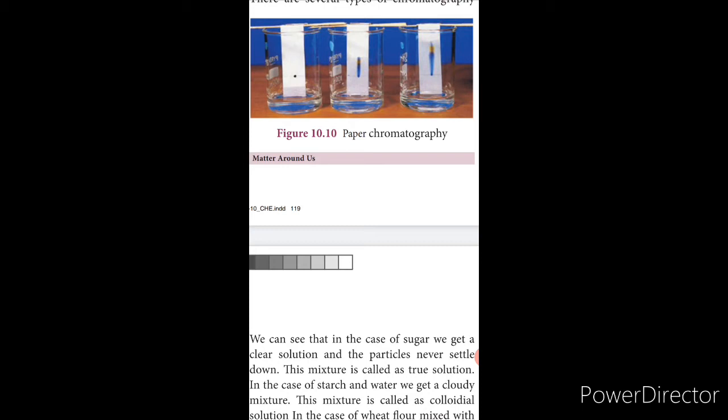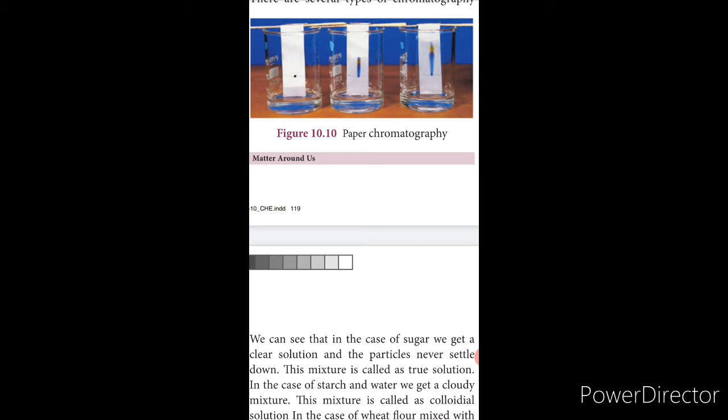The solubility of salt in 100 grams of water is 36 grams. Beyond 36 grams, however much salt you add to the 100 ml of water, it does not mix. So the solubility of salt in water is 36. When you take sugar, you can mix approximately up to 200 grams in 100 ml of water. So the amount of water is the same, that is the same solvent, but the solubility differs, isn't it?